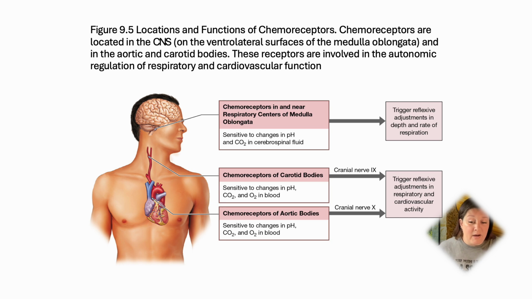So in our carotid bodies and our aortic bodies, this is where we are paying attention to oxygen and sending that information back to the brain through cranial nerve 9 and cranial nerve 10. So these are the areas that are paying attention to oxygen. And also take note that the carotid bodies and aortic bodies are paying attention to these chemicals in blood.